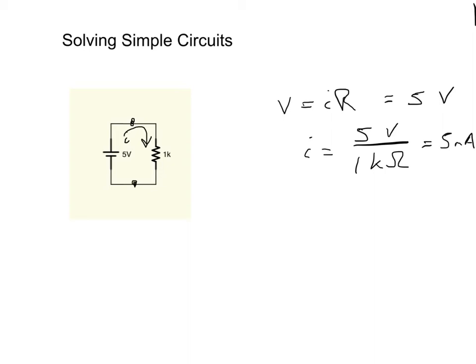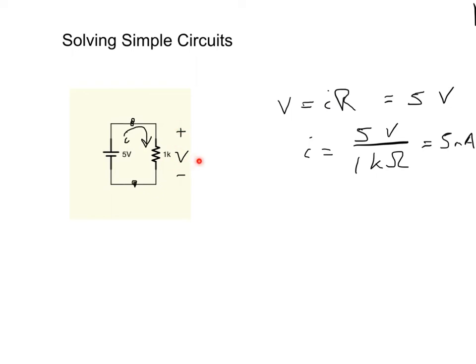A couple things to note. When I said the voltage is the current times the resistor, I was a little hasty. I should have drawn in what exactly I meant by that. I mean the voltage here measured this way, plus to minus. And remember the convention that we established last time: the current should always flow into the plus side. So here I've labeled the resistor as having a voltage drop in this direction.